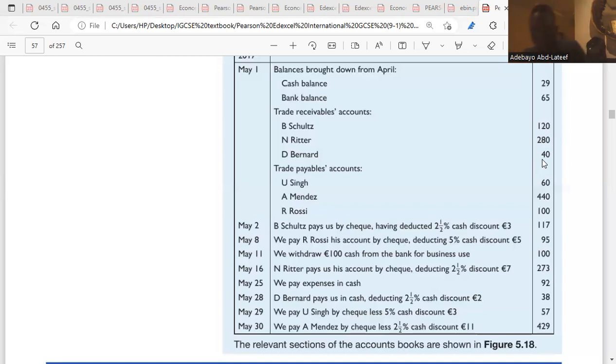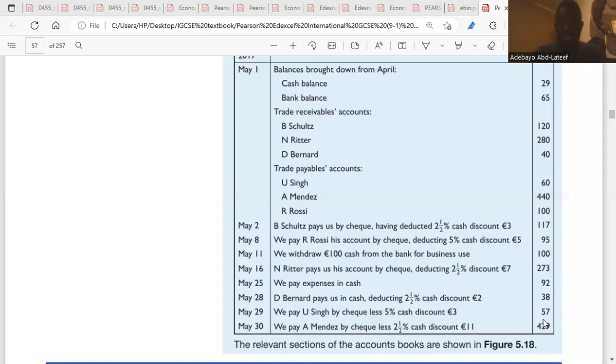So 60 minus 3 euros, we're going to be paying Yusign 57 euros because we have discount of 3 euros. So on the credit side of our cash book, we're going to have discount received for 3 euros and bank 57 euros.